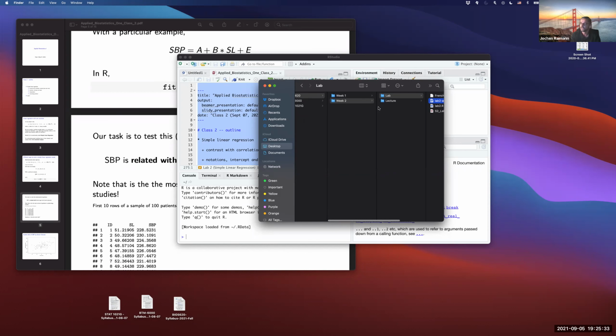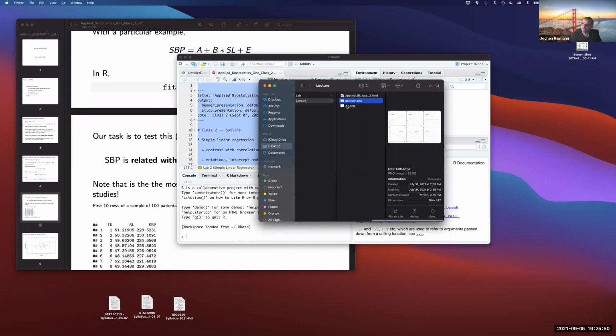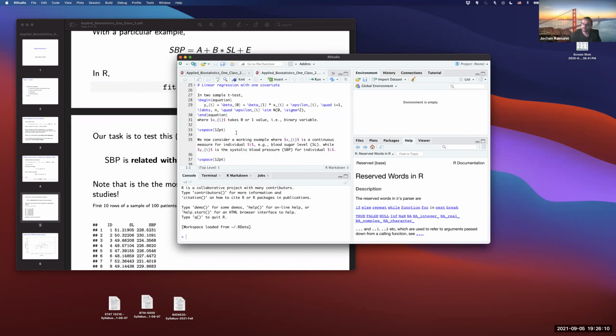So we have here 2 files I have posted, which are 2 PNG files needed by the RMD, the Markdown file. So if you open the Markdown file, you can basically run this PDF, but make sure that the 2 PNG files are in the same folder.